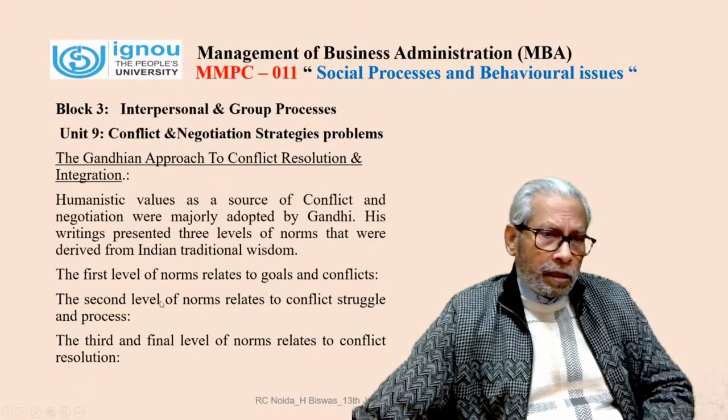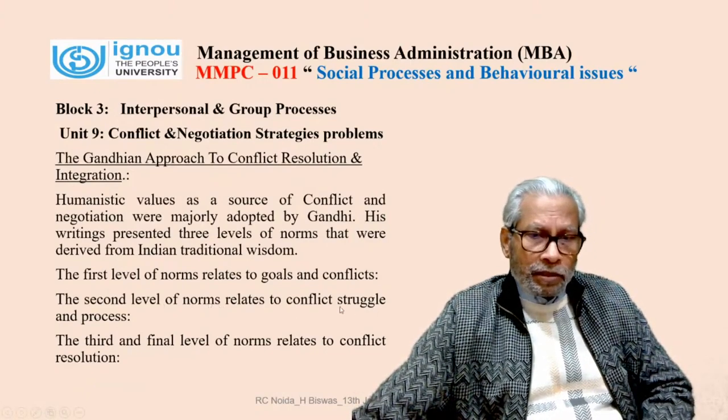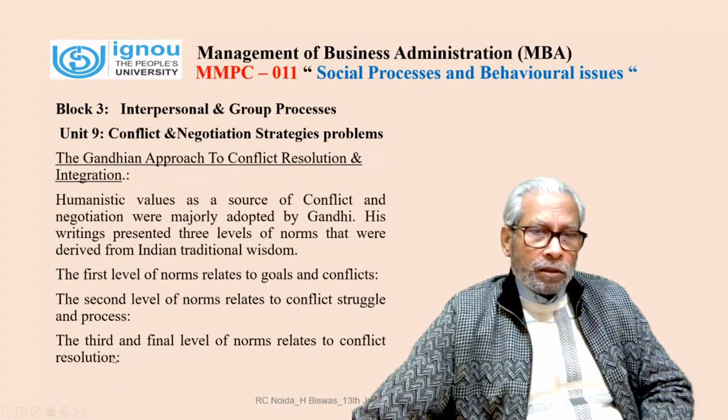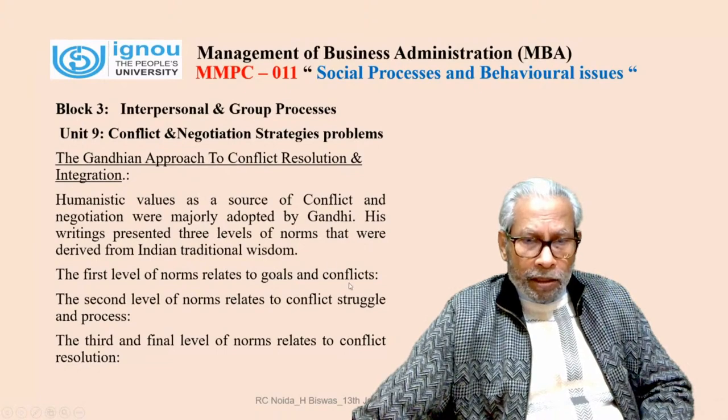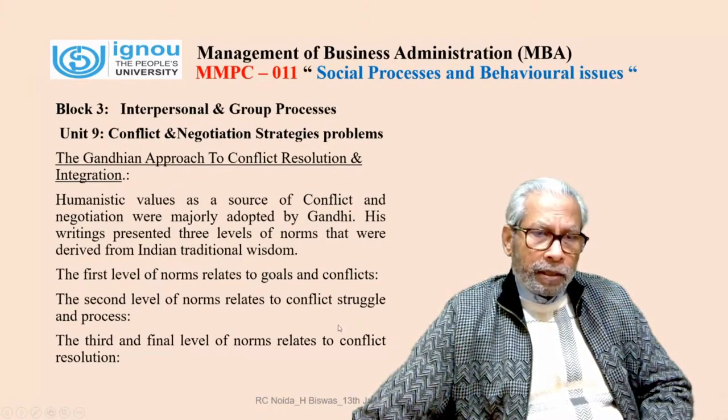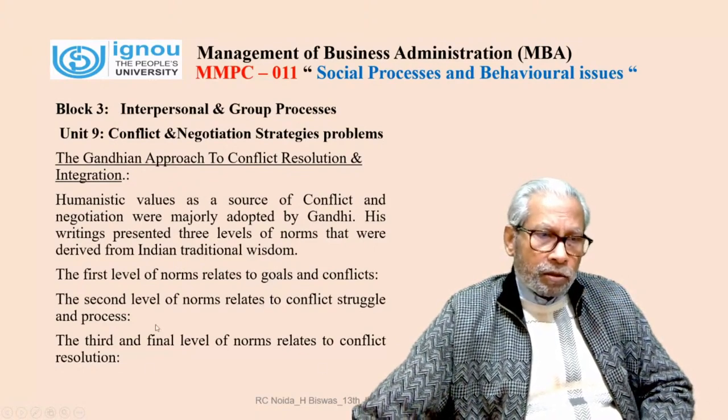The second level of norms is related to conflict, struggle and process. The third level is related to conflict and resolution. So there are three levels as per our Indian traditional wisdom.